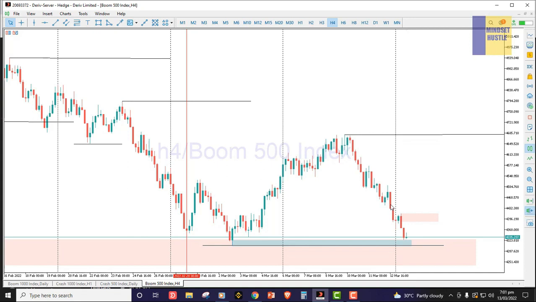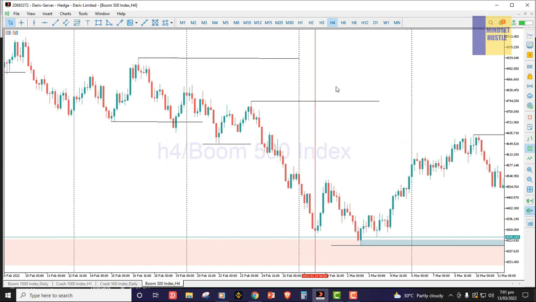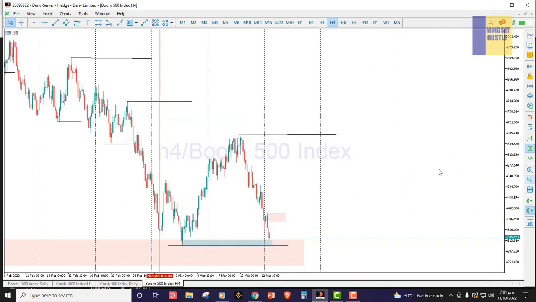M1, M2, M3, I use on VIX and currencies. But for Boom and Crash, I use either M15, M5 or M10 to do my entry. Then I analyze them on D1, H4, sometimes H1. So here you can also mark out the H4 structural levels, using the same method that I taught you.